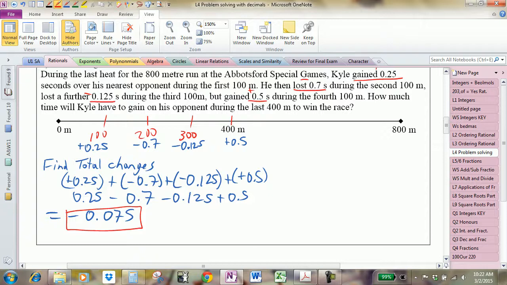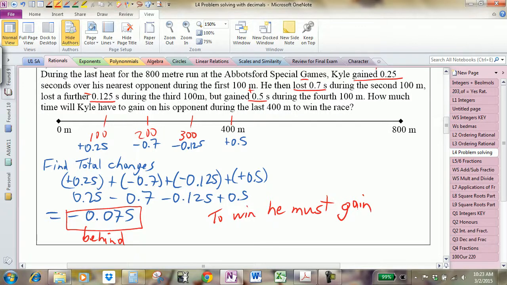Because he's not in front, he's behind. Okay? So he's behind by this much. So what does he have to do to win? So to win, he must gain what?